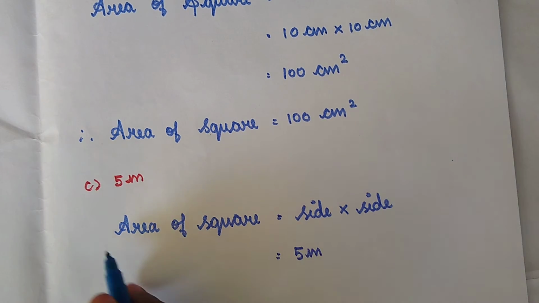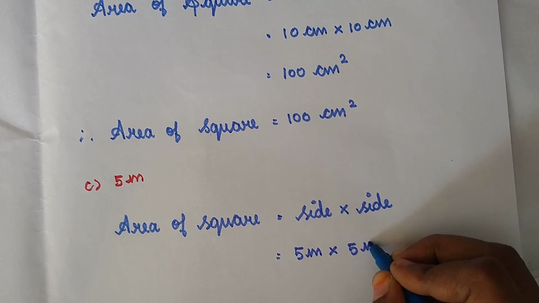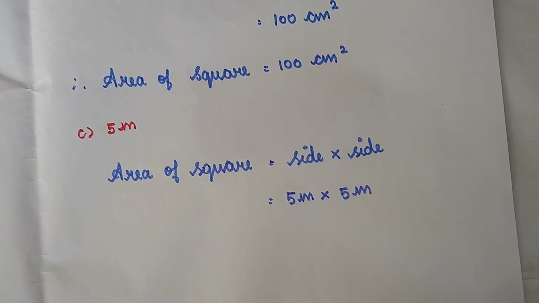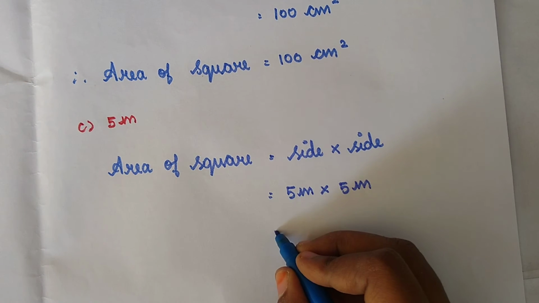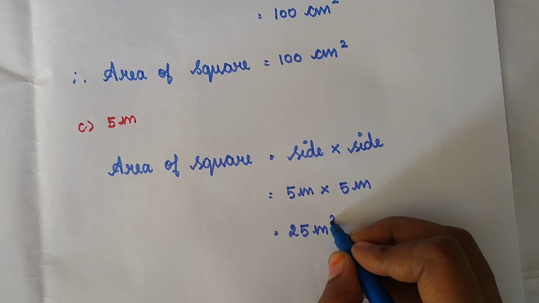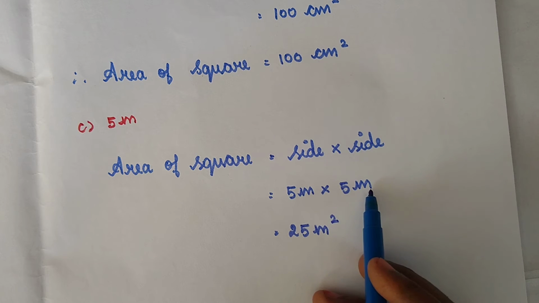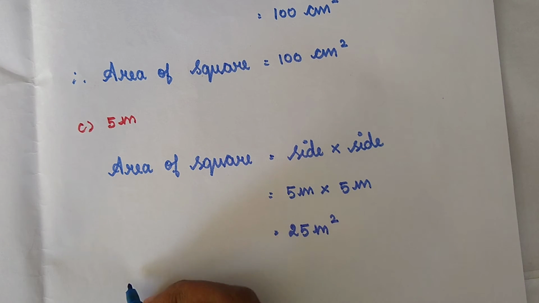Listen carefully. 5 meter into 5 meter. 5 5s are 25, so 25 meter square. M into M, M square.